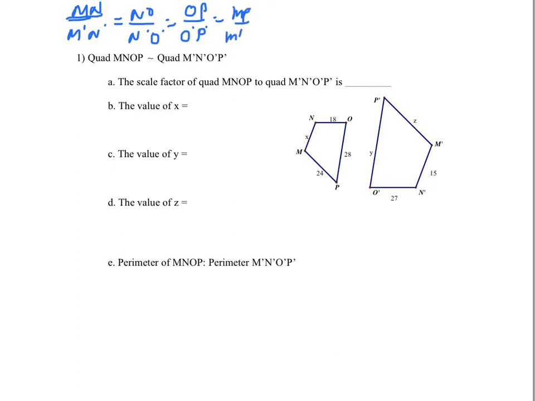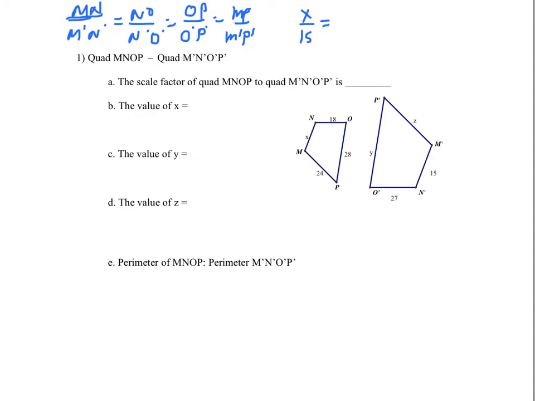over M'P'. So if we take a second and we're going to plug in everything we know from how it's labeled in the picture, our ratios will look like this. MN is equal to x, so that will be over M'N', which is 15.